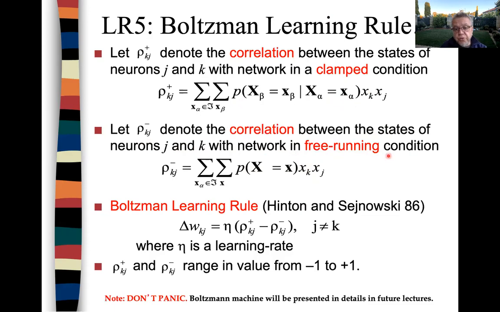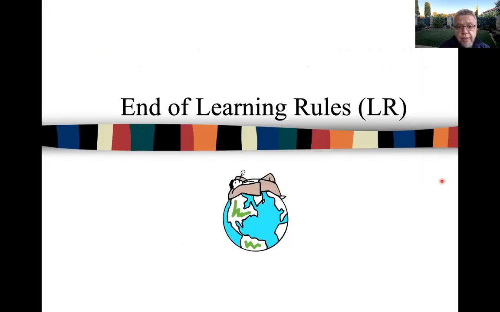Don't panic, this is just an overview of the Boltzmann learning rule. We may have the chance to cover the Boltzmann machine in detail. It would have been great to cover the Hopfield network, and most probably we'll cover the restricted Boltzmann machine. So this is the end of our learning rules.